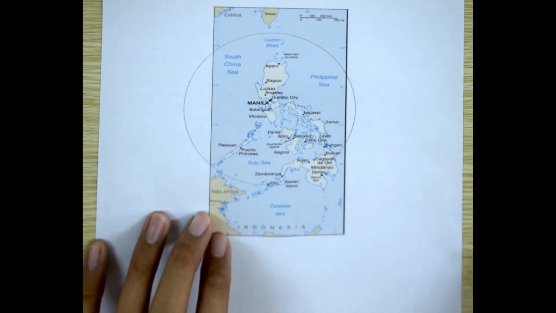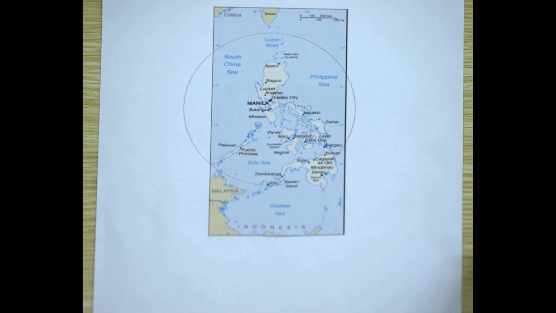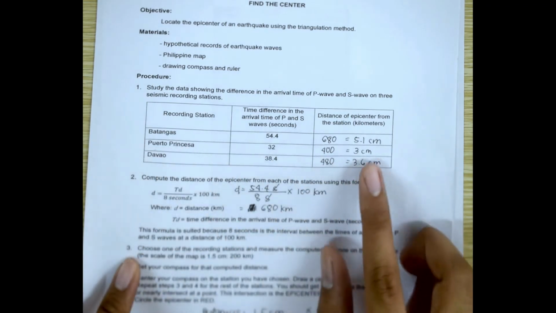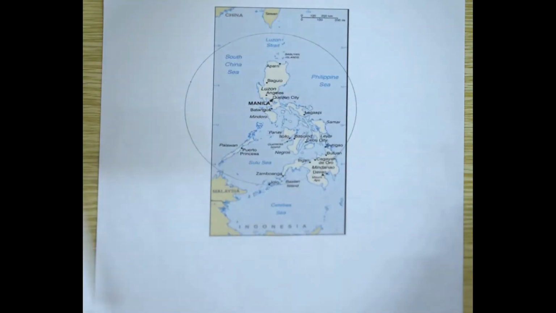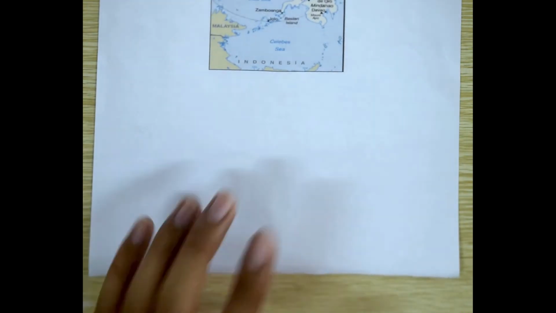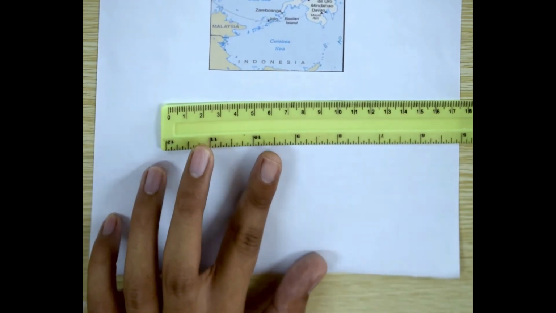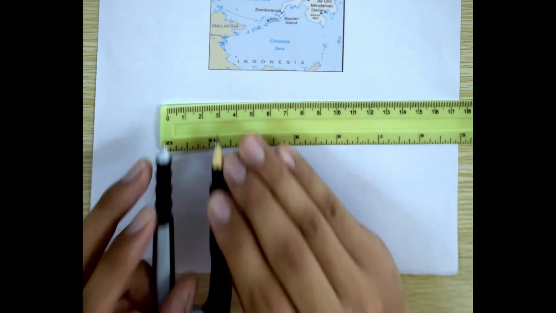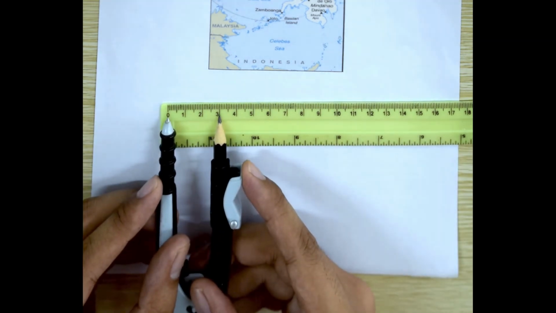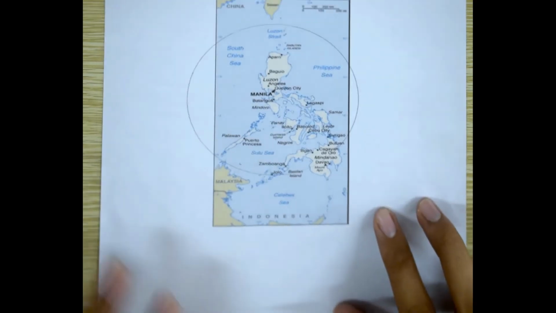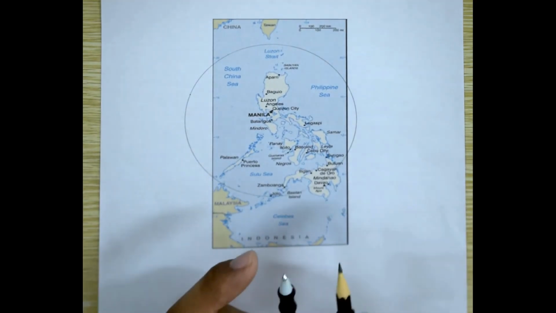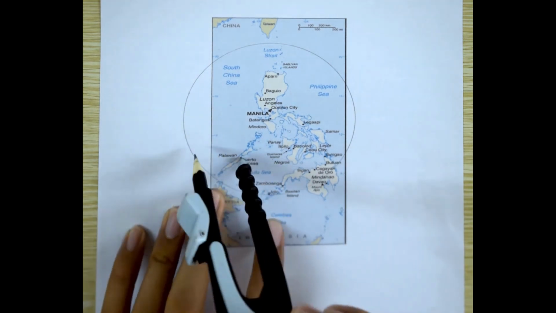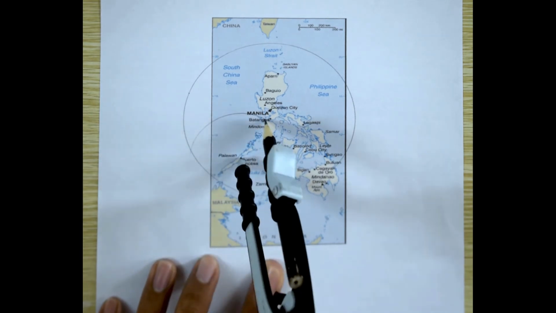We need to pinpoint the epicenter, so we will need a second recording station. Let us go back to our table. For Puerto Princesa, we have 3 centimeters. Again, we will measure 3 centimeters in our ruler, and then make a circle, with the tip of the compass pointing at Puerto Princesa.